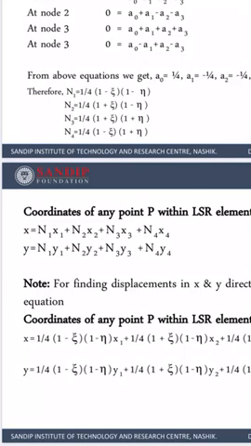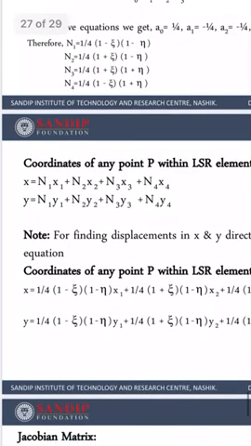Then we covered the conditions, the plane stress condition and plane strain condition. Next we covered Pascal's triangle, means polynomial shape functions, how to remember the two-dimensional polynomial shape functions. To remember them, we have used our Pascal's triangle. Okay, so Pascal's triangle is the convenient way to remember the two-dimensional polynomial shape function.